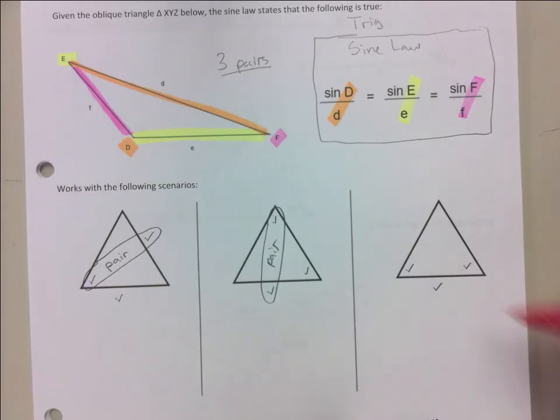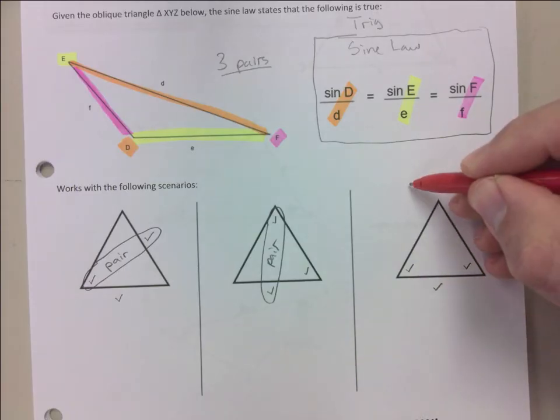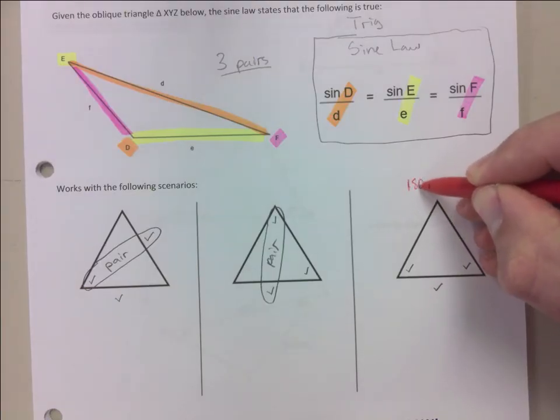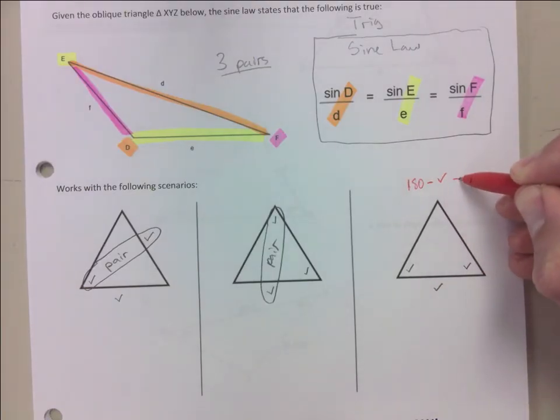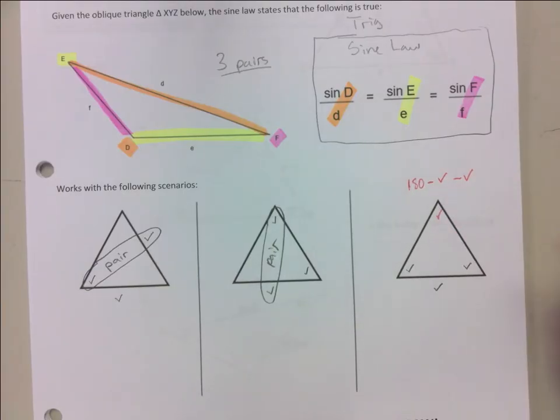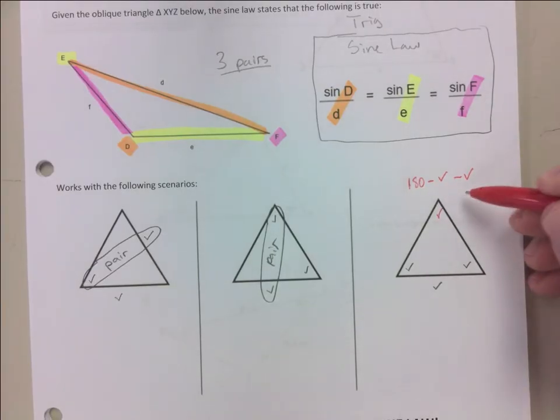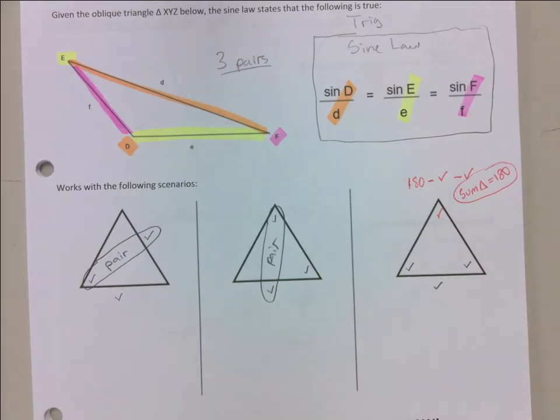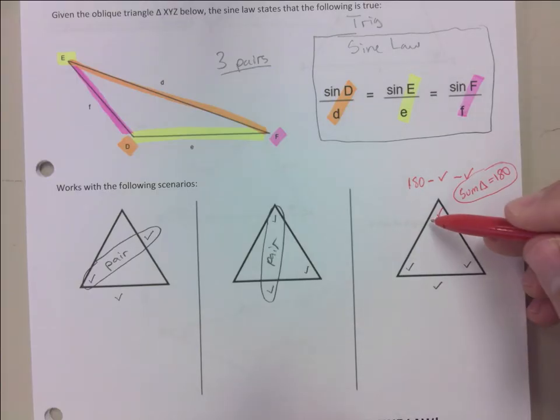Subtract the 2 angles from 180. That's right. So 180 minus the two angles, now you have that one, okay? This gets back to the property where the sum of angles in a triangle is 180. So guess what? Now you have your pair.